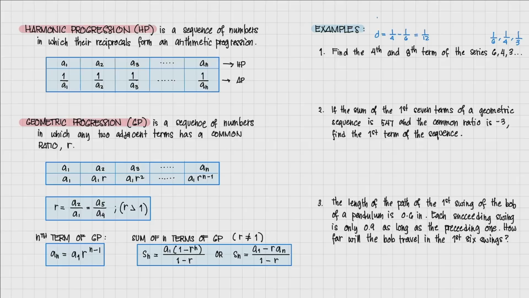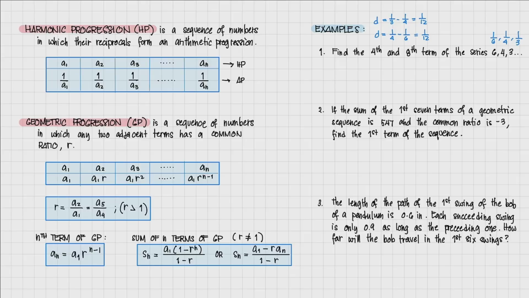And you check the other one, which is 1 over 3 minus 1 over 4, which again is 1 over 12. So they do have a common difference. So this is a harmonic progression.